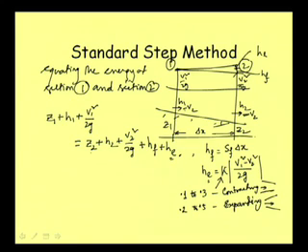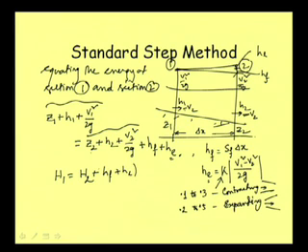Well, and then from this equation, if we write this as the head H1 and this as the head H2, then H1 is equal to H2 plus the loss, SF plus HE, which we can put under a bracket.